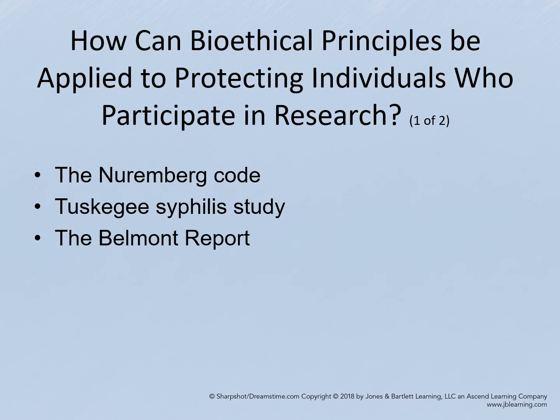The Nuremberg Code includes about 10 principles. One is that voluntary human consent is essential. The experiment should result in good for society, and the anticipated results should justify the experiment. Avoid all unnecessary physical and mental suffering. No experiment if there is any chance of death or disability.